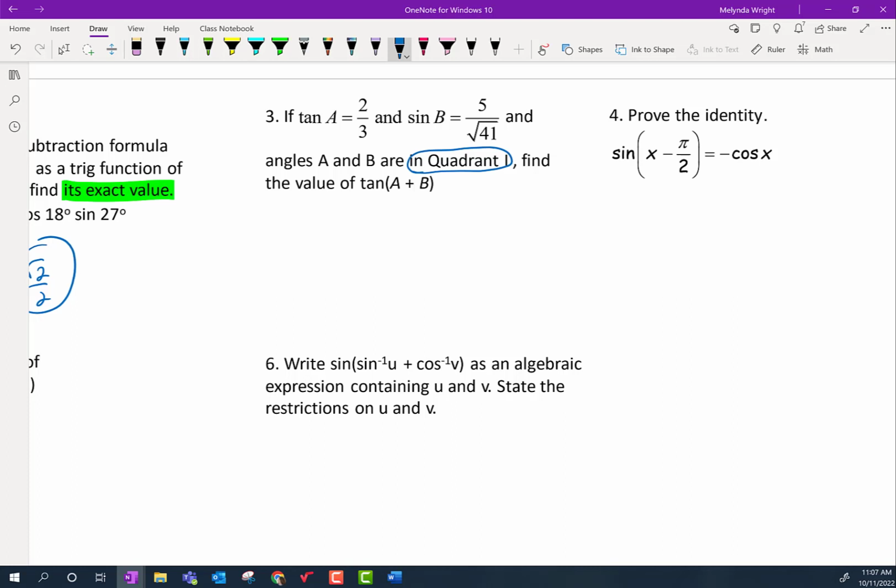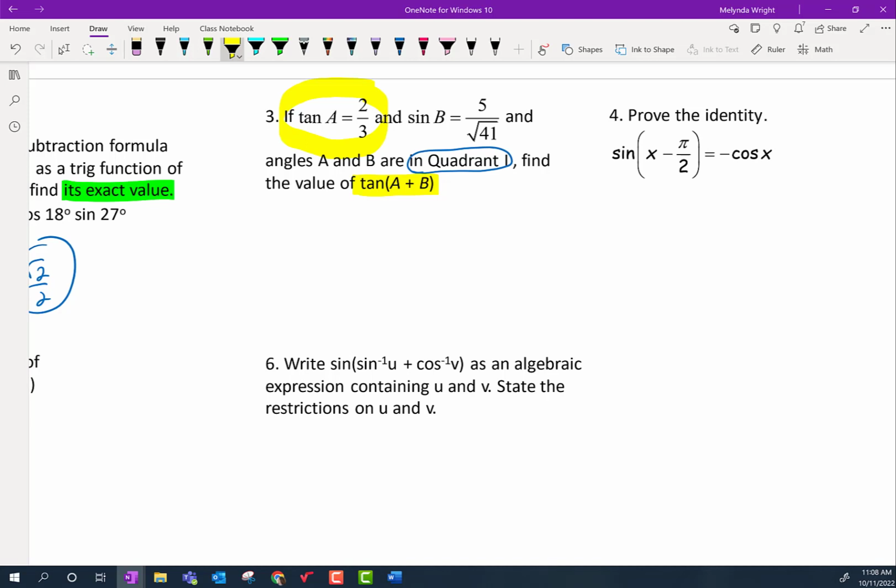But we actually want tangent, so I can leave this alone. I don't have to do anything to that whatsoever. Now, I don't need sine of B, I need tangent of B.